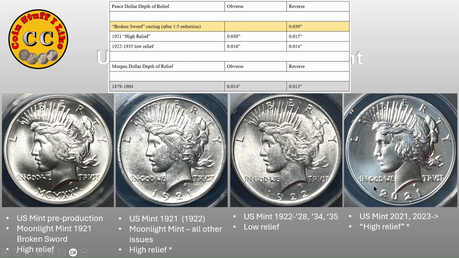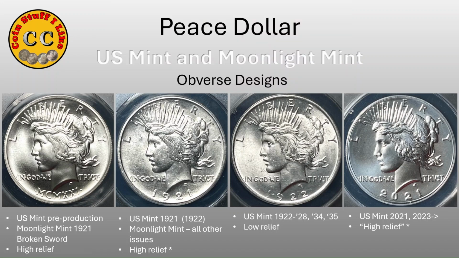I'll bring this back in to show you that the high relief that went into production was 31 thousandths of an inch, but then when they lowered the relief and they changed this particular ray among other elements, they lowered the relief to 16 thousandths of an inch in relief. All right. So there are the obverse designs.